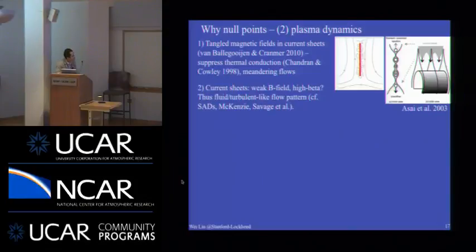Another thought that came to my mind is that when you have a current sheet, you probably have a weak field in the neighborhood. Similar to the situation in the so-called supra-arcade downflows in flares, you have some sort of fluid-like flow rather than a low-beta plasma situation. So that's another possibility.